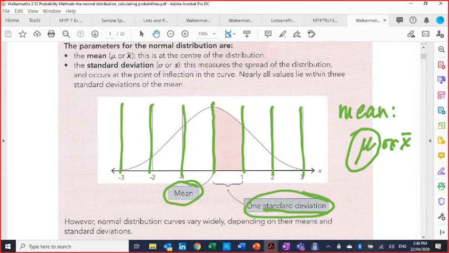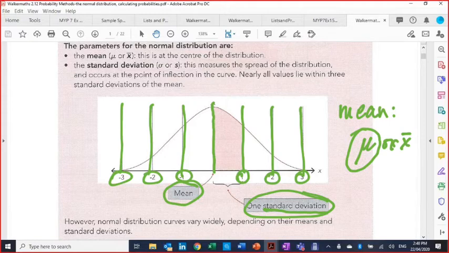Okay? So they're all equally spread out from the mean. And notice that there's 1, 2, 3 of them on the right, 1, 2, 3 of them on the left, and to indicate that they're on the left, they use the minus, right? So -1, -2, -3. So -3 really means 3 standard deviations below the mean.